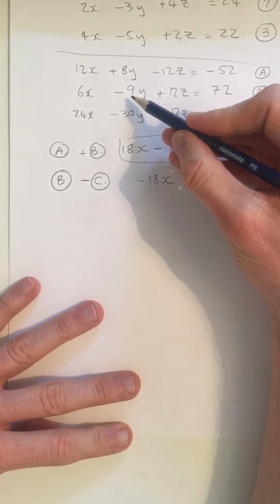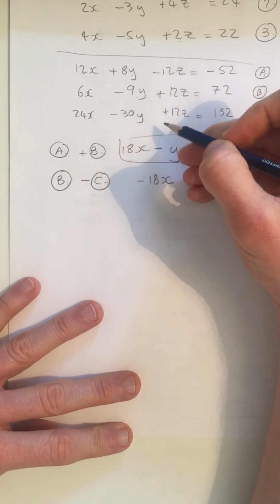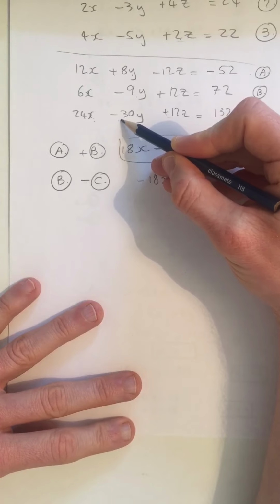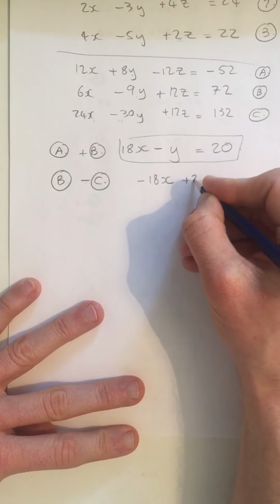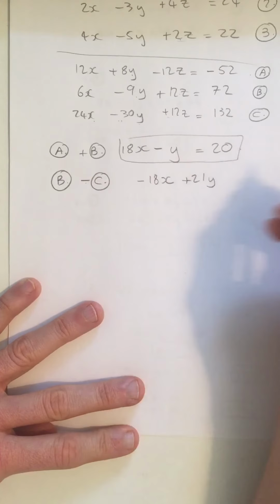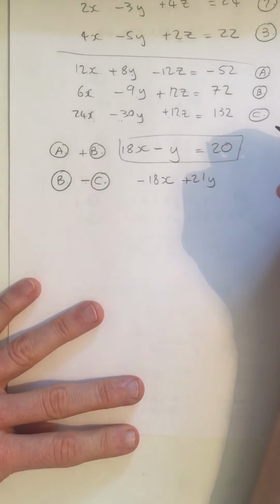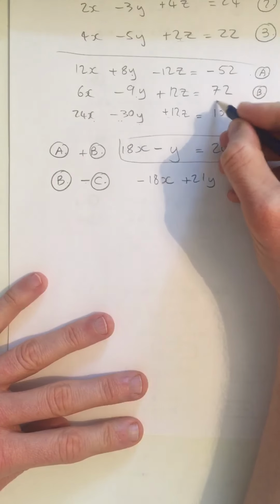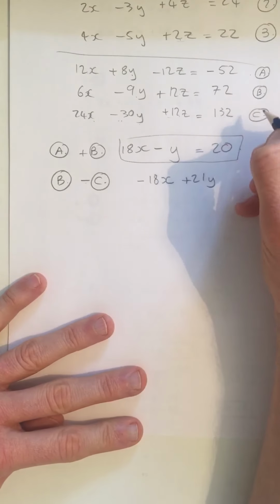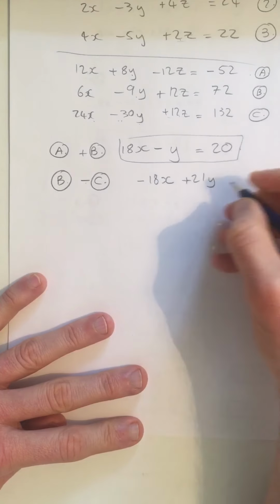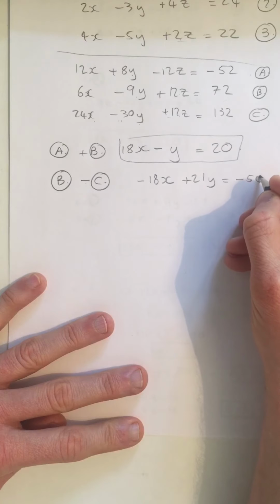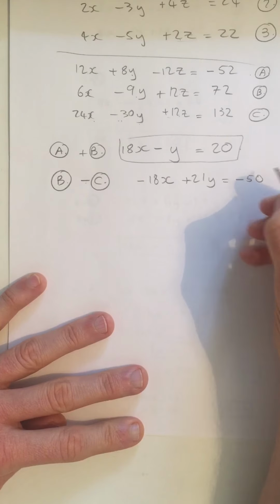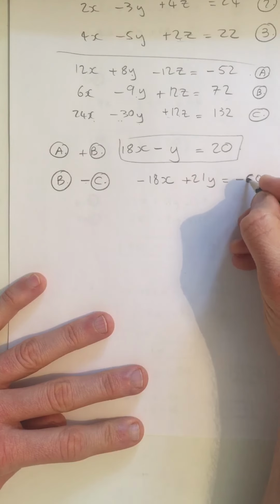Then I'll have minus 9y minus minus, that's going to be a plus 30y, so that'll give me a plus 21y. The z's have disappeared now, and I've got 72 minus 132, so that's going to be minus 50. That's not, it's going to be minus 60, isn't it?